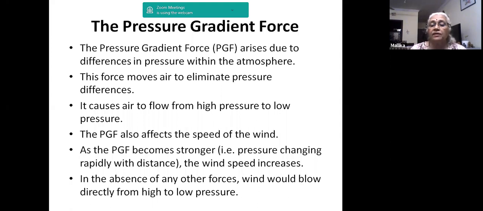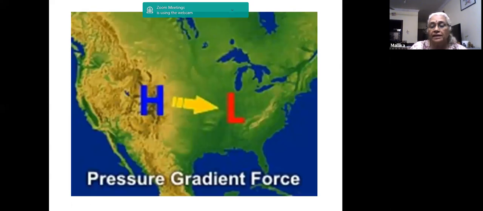But when the northeast monsoon or the southwest monsoon is blowing, that affects the wind direction of the land and sea breeze, but only in India, not anywhere else. Okay, so that's your pressure gradient, a direct one from high pressure to low pressure, with no other forces affecting it.